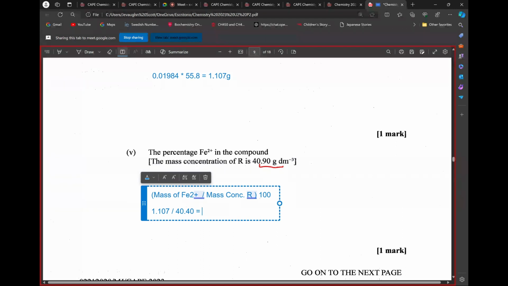Which would give us 0.027. And then what we do now is times it by 100. So it's 2.71%.